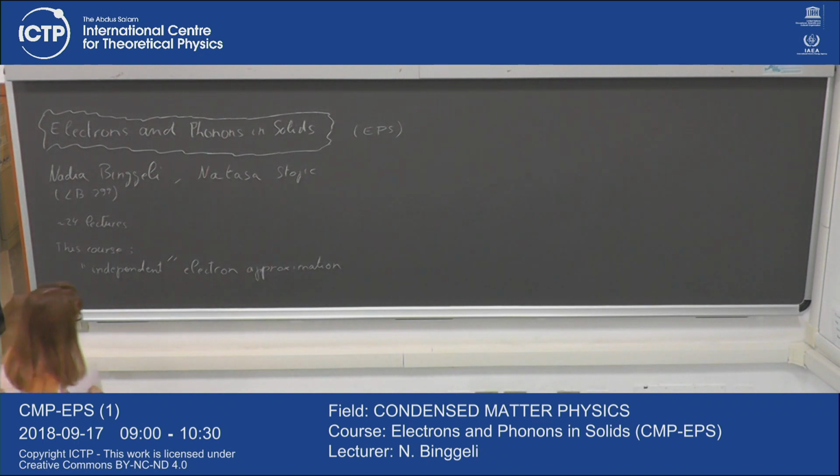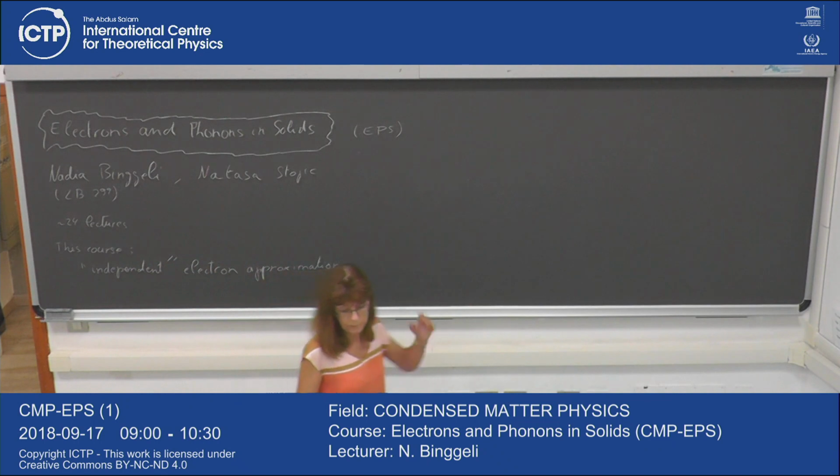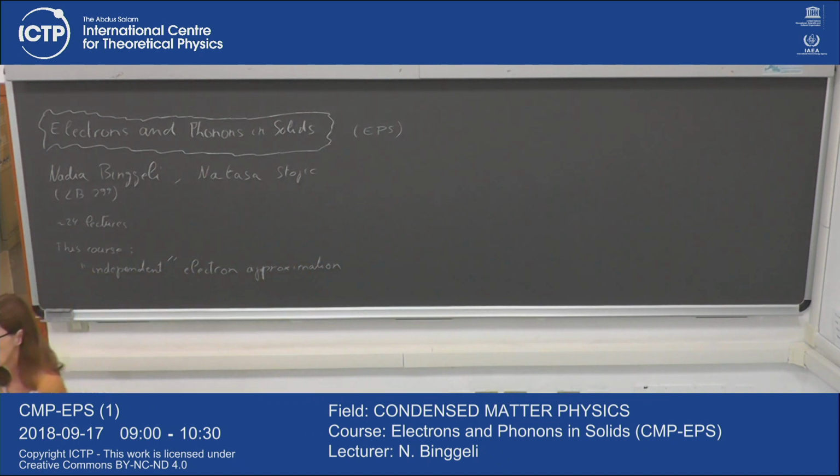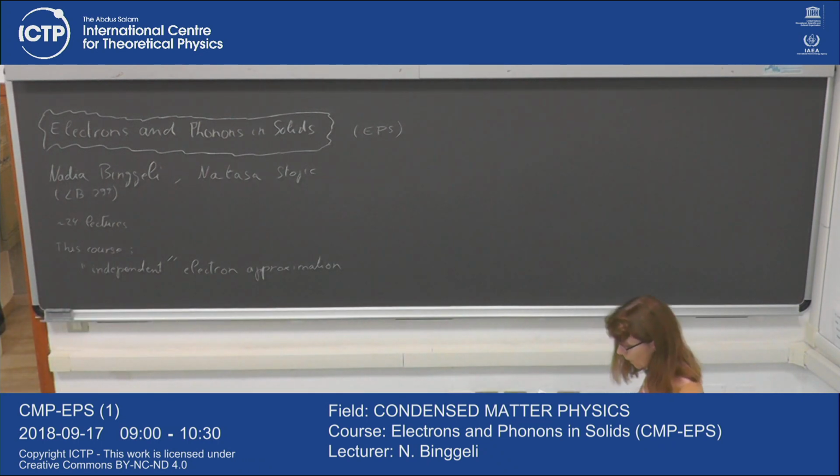By independent electron approximation, we just mean that we will solve typically a one-electron Schrödinger equation in a mean field. This is what I mean by independent electron approximation.